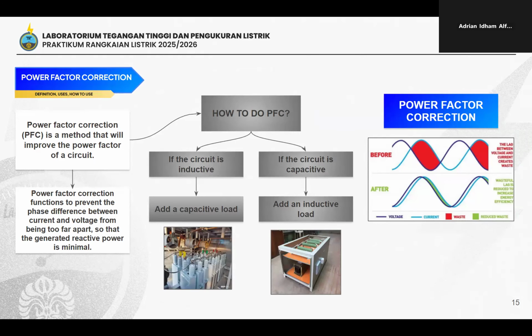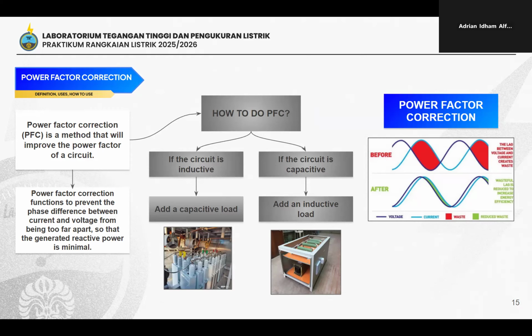Okay, now we will answer this question. Power factor correction or PFC is a method that will improve the power factor of a circuit. Power factor correction functions to prevent the phase difference between current and voltage from being too far apart, so that the loss in the received power is minimal. And how to do the PFC?